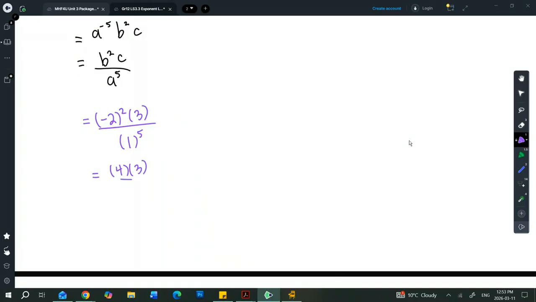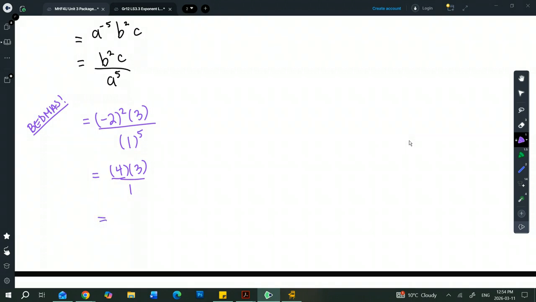What's 1 to the exponent 5? No, 1 times itself 5 times. Yeah. And we're making sure we follow BEDMAS, right? That's why I did the exponents first.